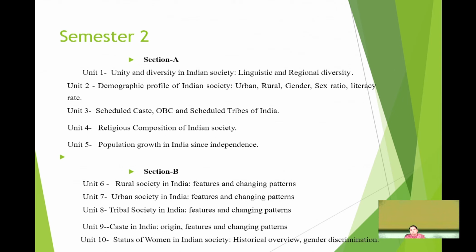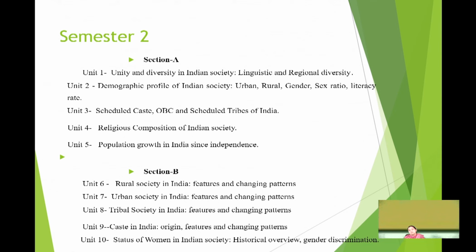Similarly, we were also talking about the demographic profile of Indian society. As I've already discussed in the previous videos, as a sociologist, as somebody who is a student of sociology of Indian society, we need to know what are the various parameters or the profile of Indian society.